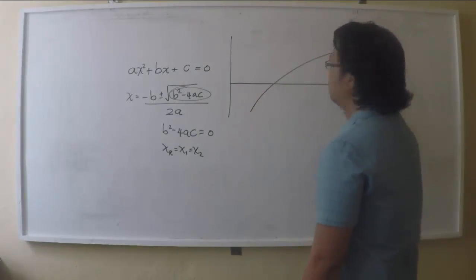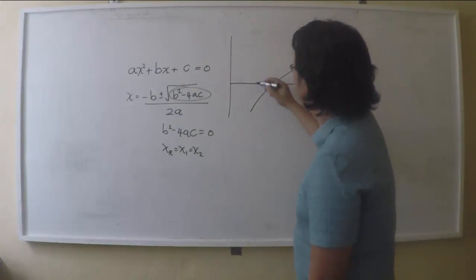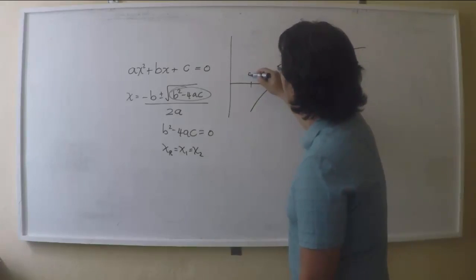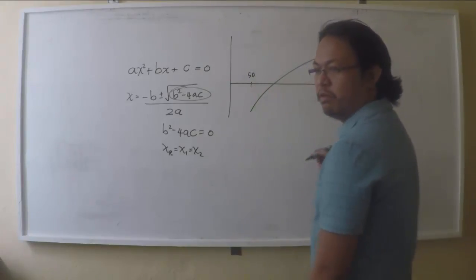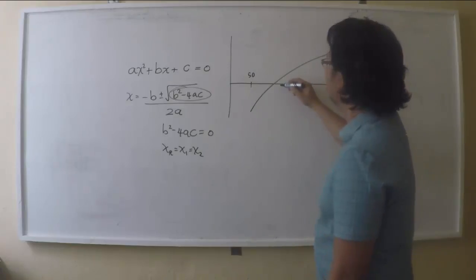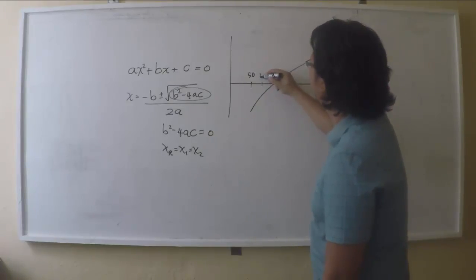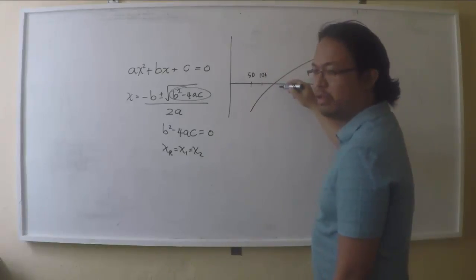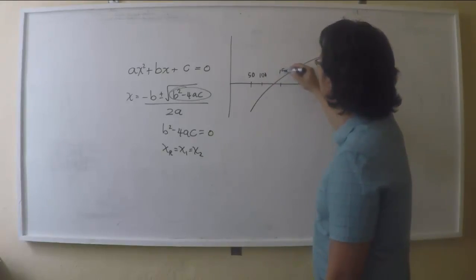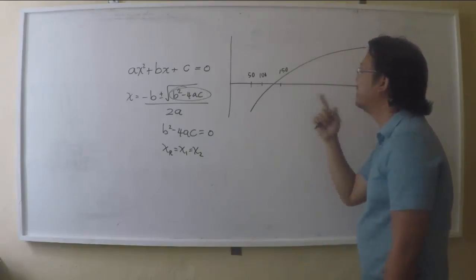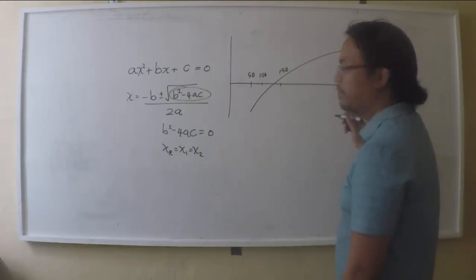From there, we'll just copy that one. And then I think here is 50. Then this is 100 maybe. I'm sorry, it's not drawn to scale. And then somewhere here it's 150. I'm sorry for this, it's not drawn to scale.